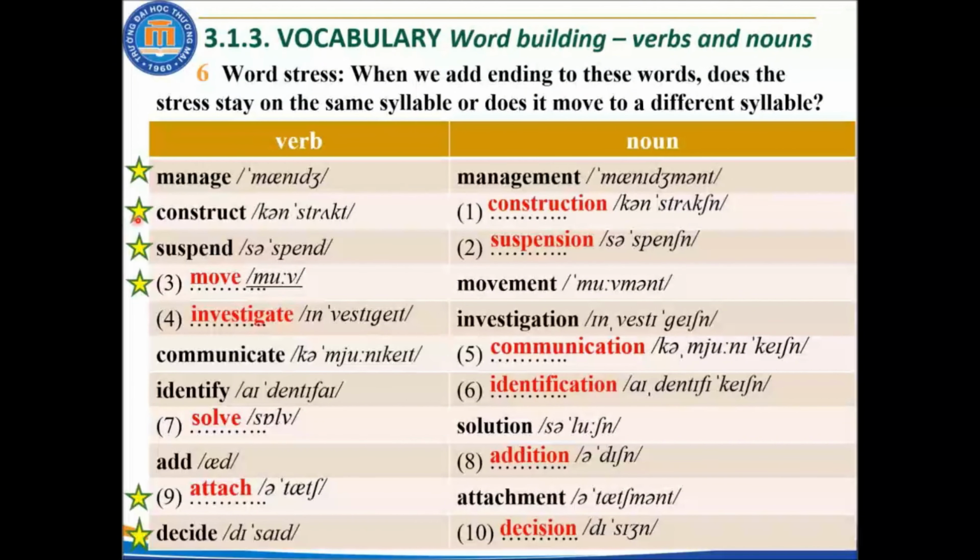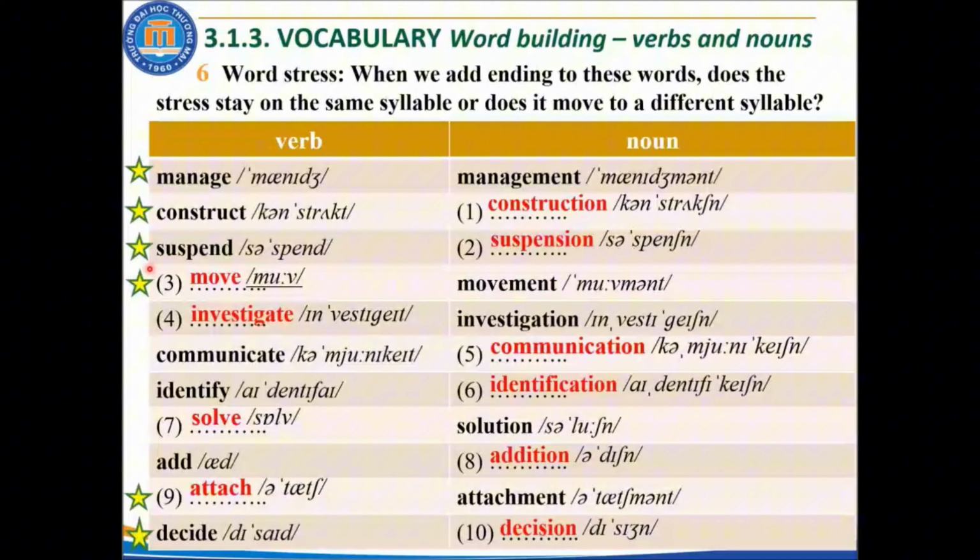The second one, the verb construct, the noun construction. Ở phần này thì chúng ta thấy là trọng âm vẫn giữ nguyên ở âm thứ hai, đúng không ạ? Construct. Alright.